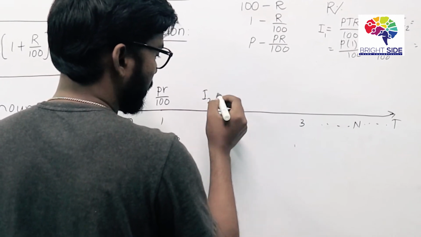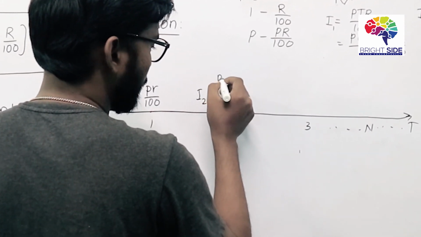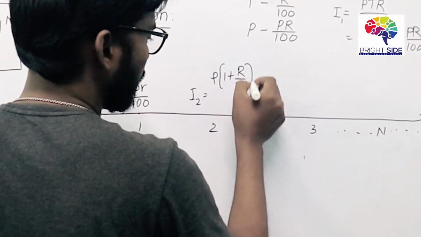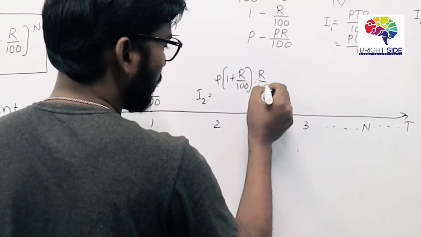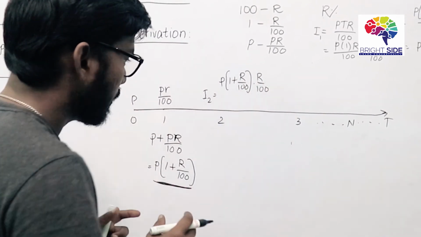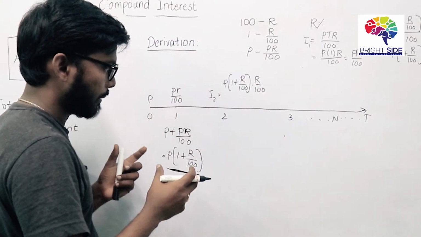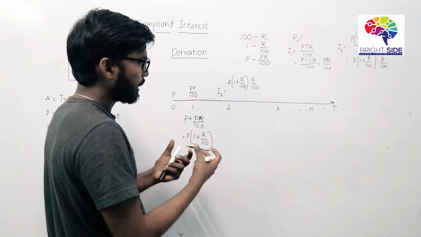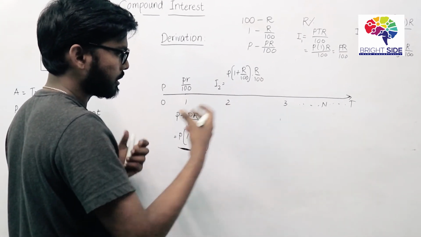So interest for second year is P into 1 plus R by 100 into R by 100. Now we have to calculate the amount, because the total amount that we have to pay is interest plus principal amount.